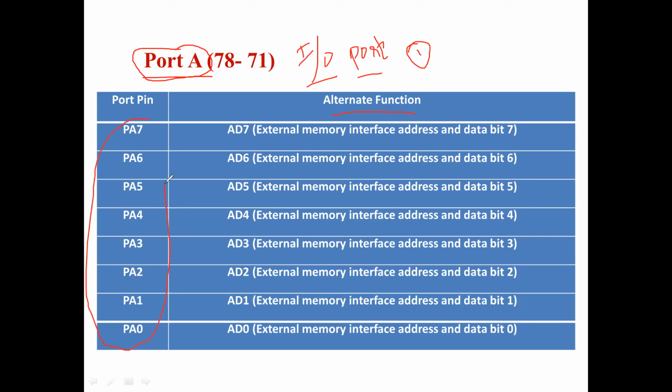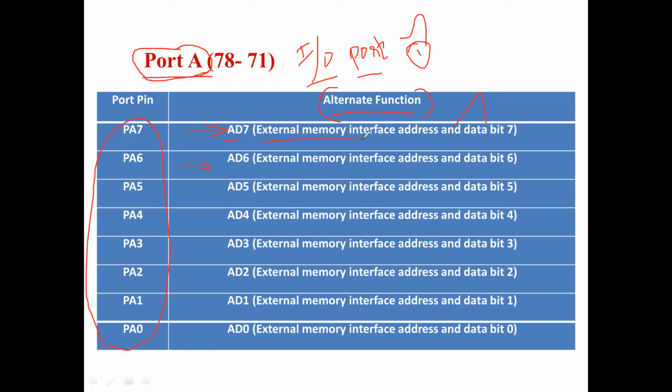The alternative function means that the particular port A can act in this mode, which means that through the port pins you can access external memory.